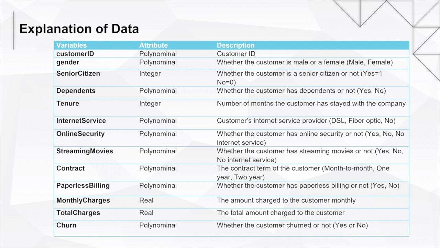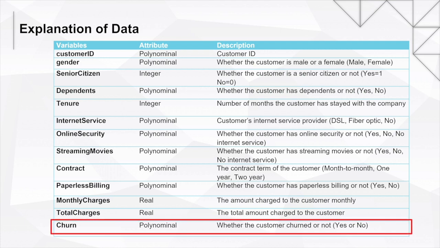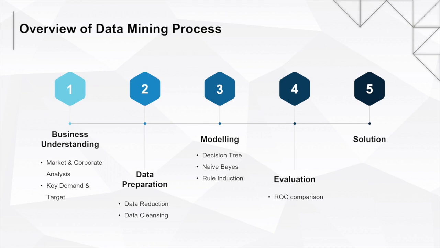This is the data dictionary. Customer ID is the ID and churn is the target variable. Others are input variables. For the overview of the data mining process, there are 5 steps. First is business understanding. It includes market and company analysis and key demand and target.